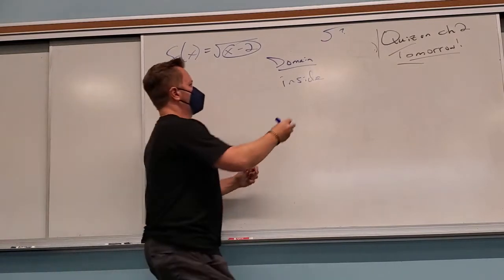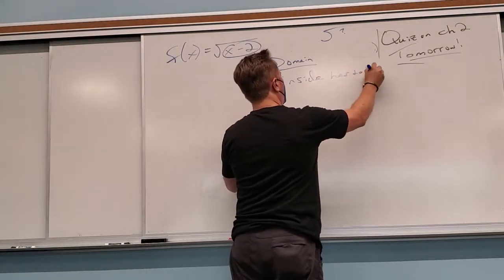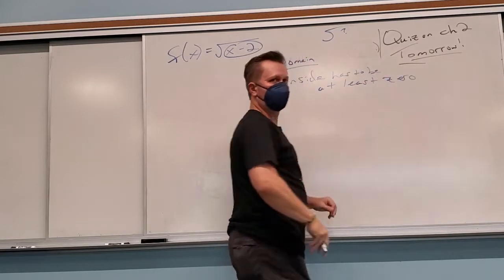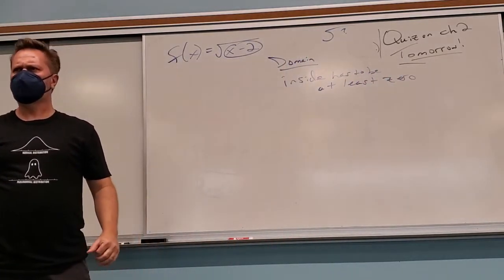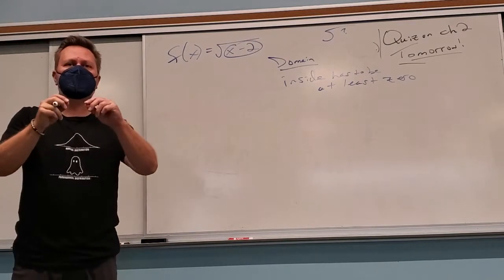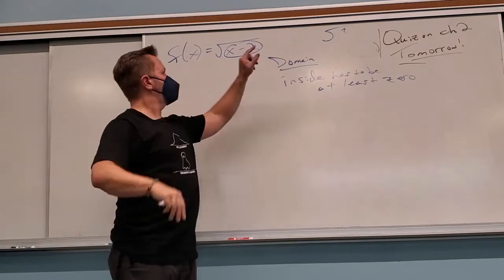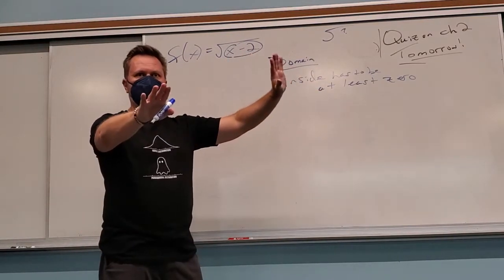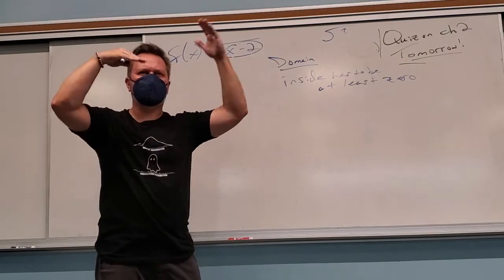The inside has to be at least 0. Is that cool? But not 1, right? The inside, whatever the inside is, has to be at least 0. Don't try to do everything at once.